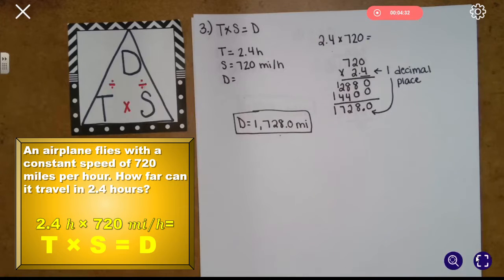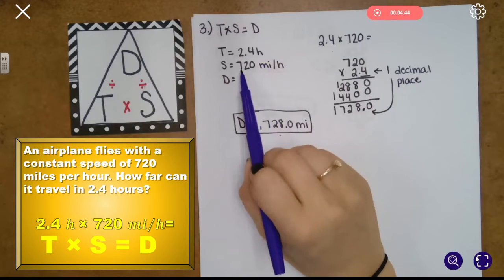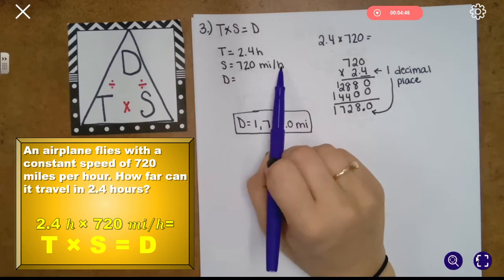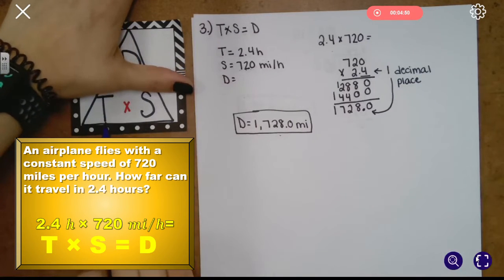Number 3, an airplane flies with a constant speed of 720 miles per hour. How far can you travel in 2.4 hours? So it gave us our time, 2.4 hours. It gave us our speed, 720 miles per hour. We had to find our distance. So we know that we have to multiply time times speed.